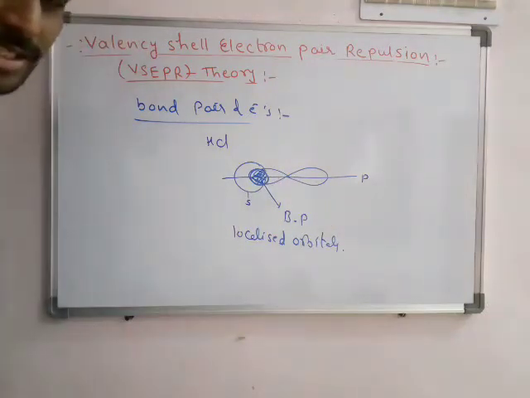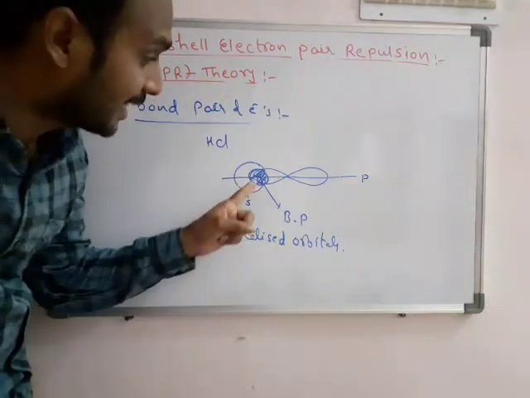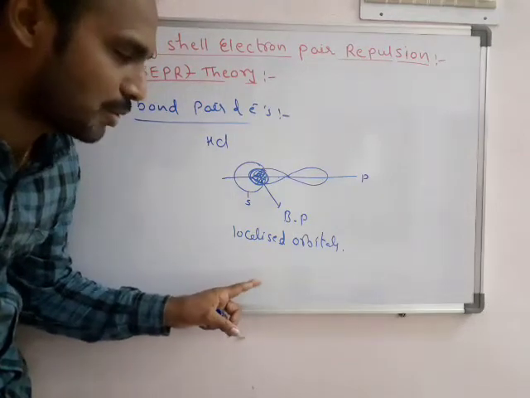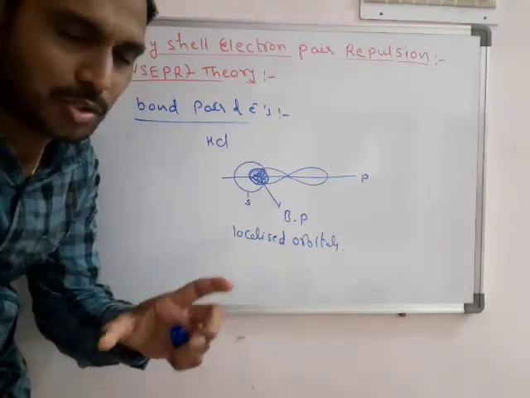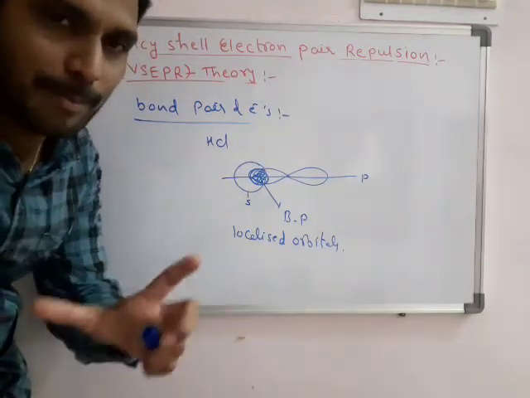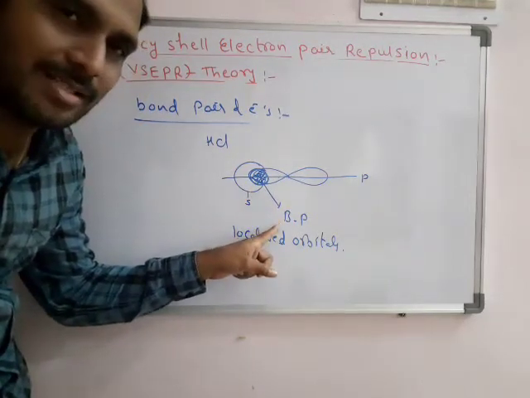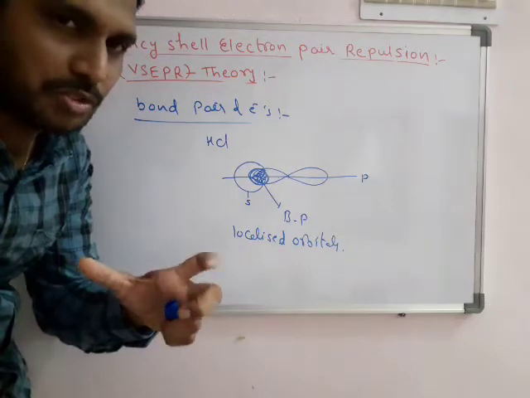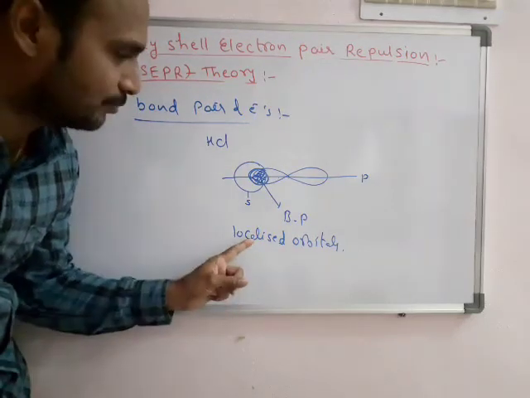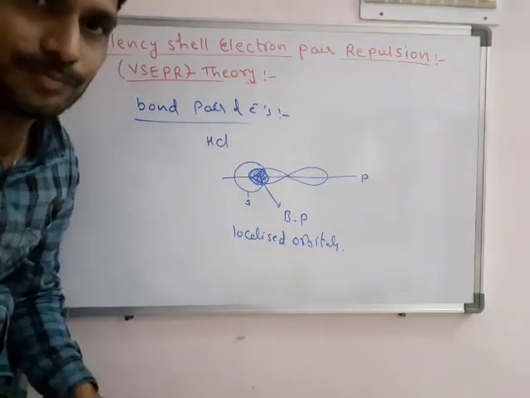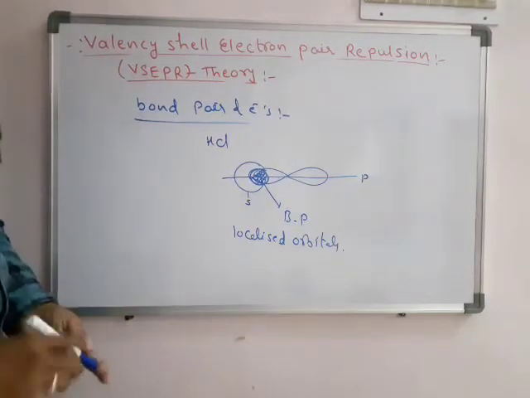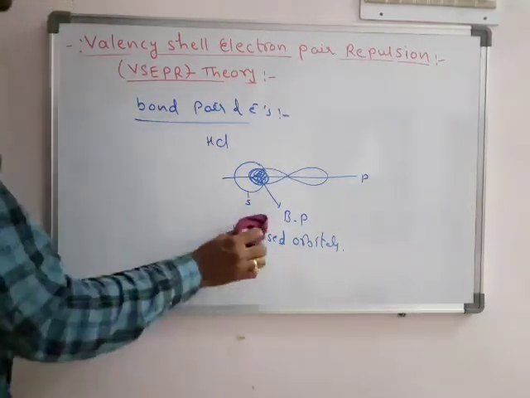The bonded electrons are also known as localized electrons, the bond pair of electrons.